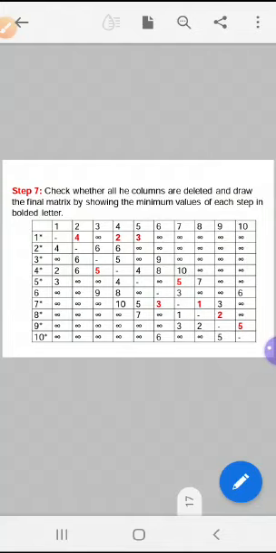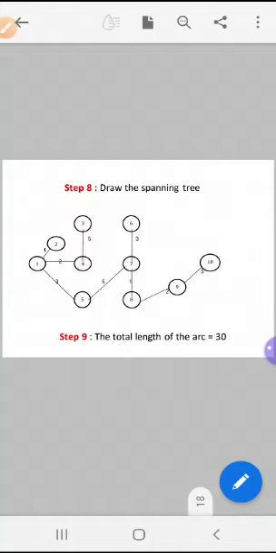Here the first red color number is 4. That is 4, 1, 2. So connect the nodes 1 and 2 using a line or an arc and put the number 4 in between 1 and 2. That means the nodes 1 and 2 are connected by a line having the distance 4.